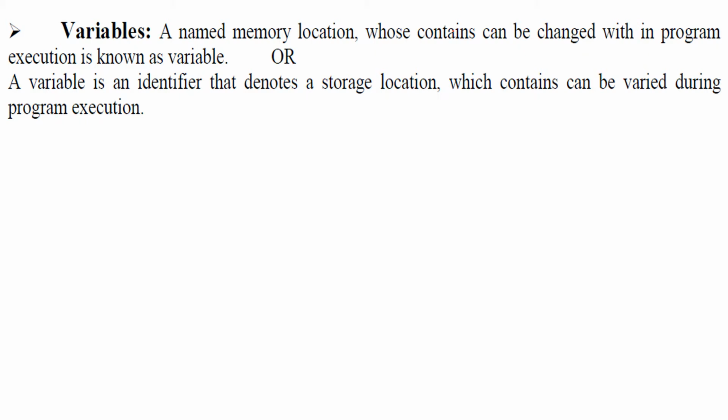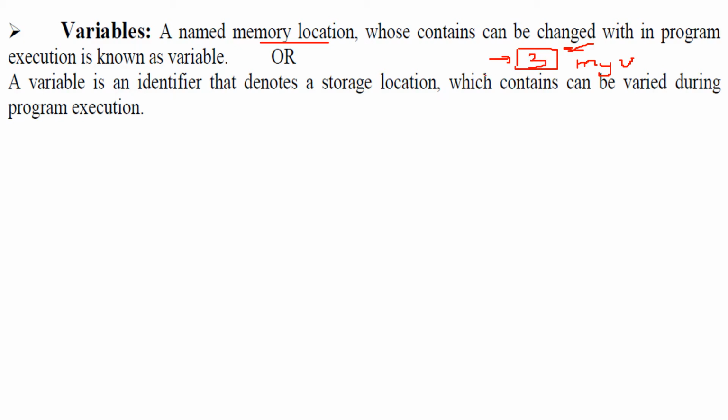Variables. Now, any location in memory is identified by a certain name. So a named memory location is exactly that, and the content of that name can change. Say if I say this memory location is named as, say, my variable, okay, and the value is not 2, it can be changed to 3.